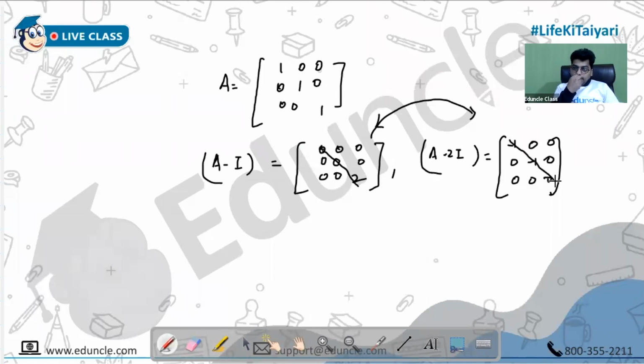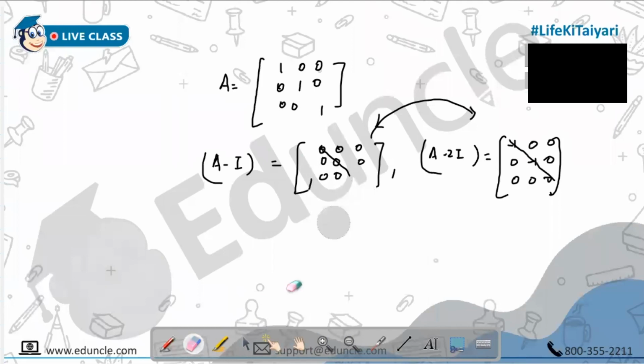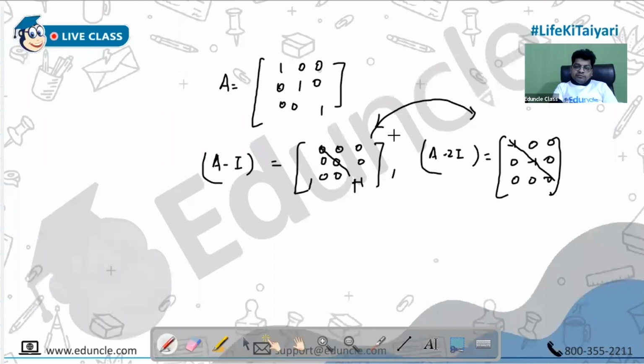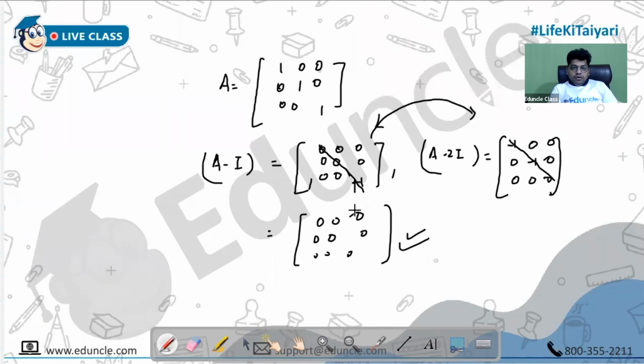How do you multiply diagonal matrices? Sir, 1 minus 1 is... wait, sir, you made a mistake, in A minus I the last entry will not be 2, sir. Yes, okay. So how do we multiply diagonal matrices? You multiply the corresponding diagonal elements only. So finally, you will get the answer, all zeros: 0 0 0, 0 0 0, 0 0 0. Done? Yes or no?